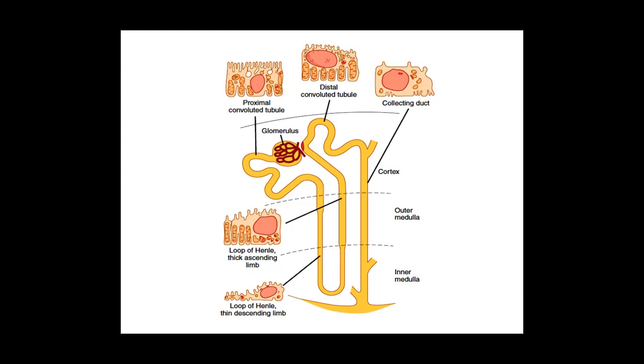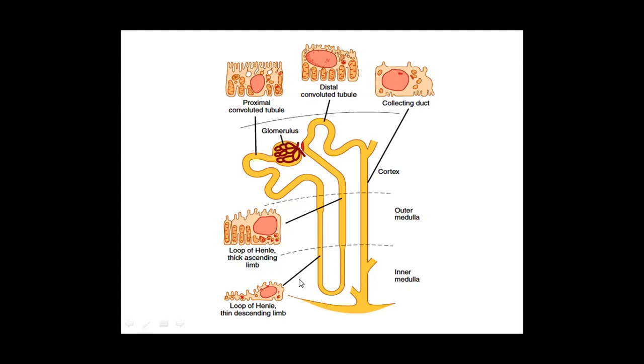Now, next if we see the descending limb of loop of Henle, after proximal tubule, you will very clearly see that here the epithelium is very, very thin. In case of proximal tubule, epithelium is quite thick, almost cuboidal epithelium, whereas in case of descending limb of loop of Henle, it is a very thin, flattened epithelium. Hardly is there any mitochondria.